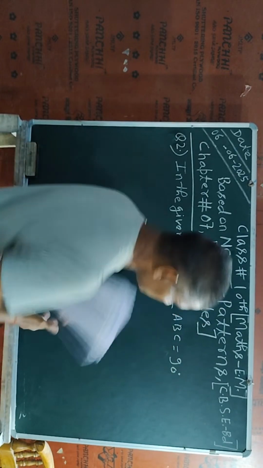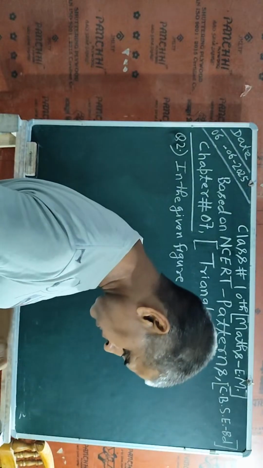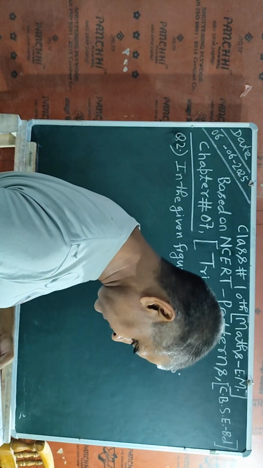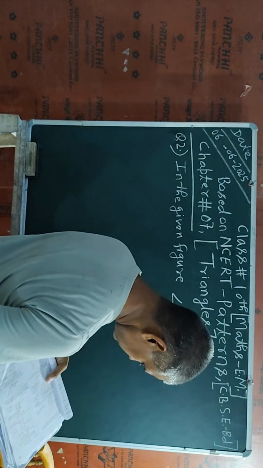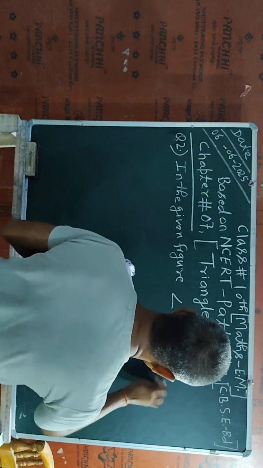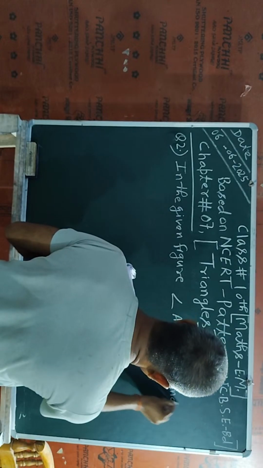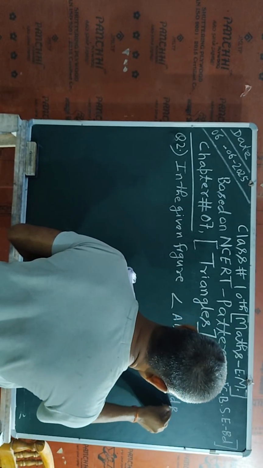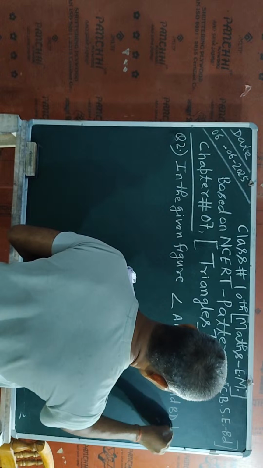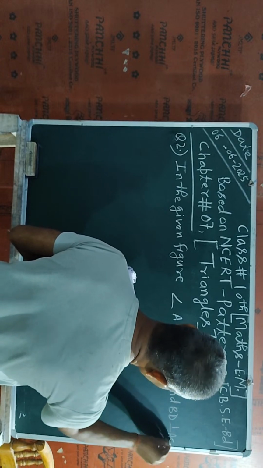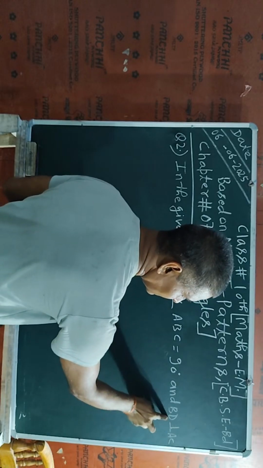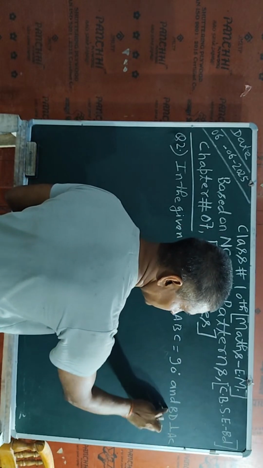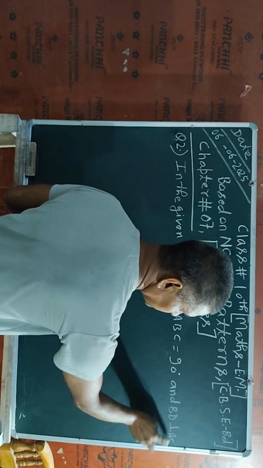That is given. And BD is perpendicular to AC. This symbol I will read as perpendicular: BD is perpendicular to AC.